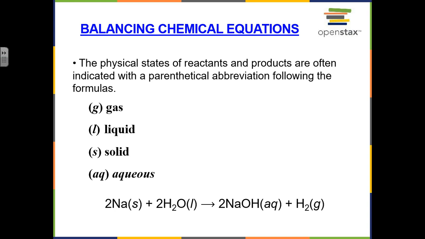So if you see aq next to a compound that you know should be solid, like NaCl, which is sodium chloride or classic table salt, it means that table salt has been dissolved in water. So in this reaction they have sodium, which is a solid, water, which is a liquid, sodium hydroxide, which is aqueous, and then hydrogen gas. Sodium hydroxide can be a solid, but it's been dissolved in water, and that makes it aqueous.